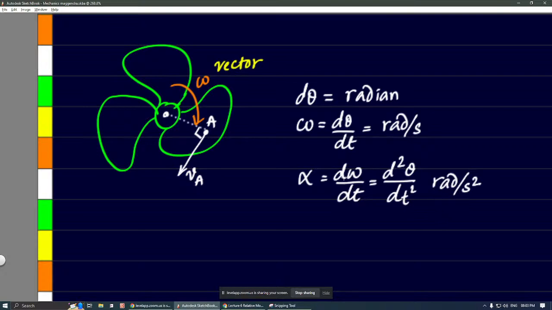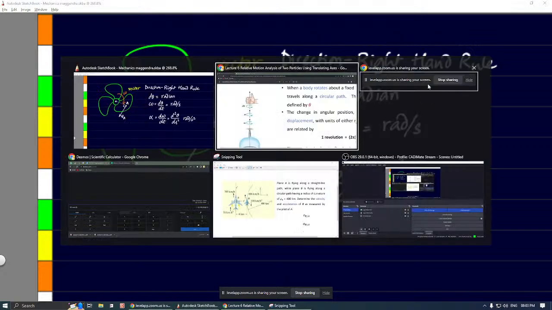So these terms are clear. And for all of these, we have to find the direction by using the right hand rule.